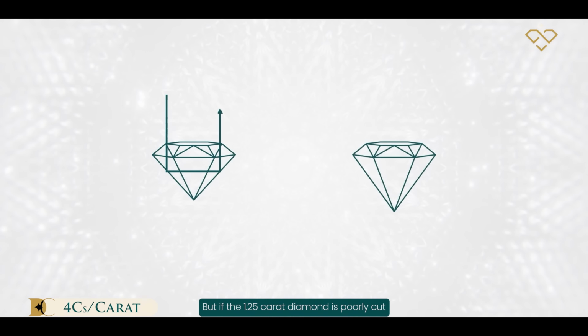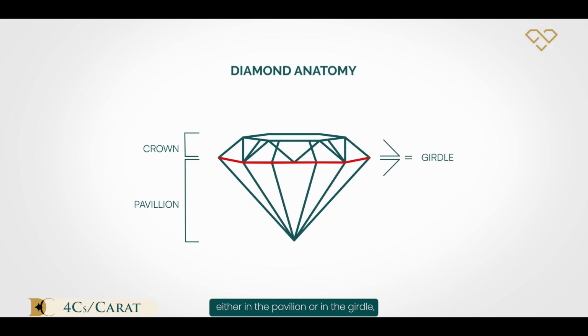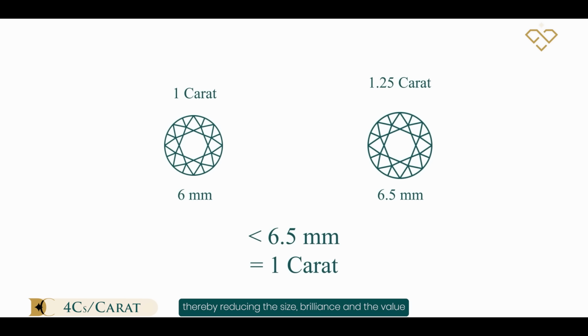But if the 1.25 carat diamond is poorly cut, with more weight in the bottom of the stone, either in the pavilion or in the girdle, the diameter could be less than the ideal 6.5 mm and closer to the 1 carat diamond size, thereby reducing the size, brilliance, and the value of the 1.25 carat diamond.